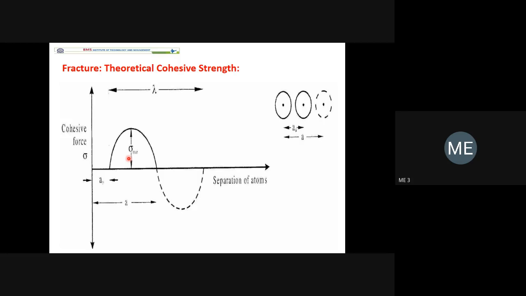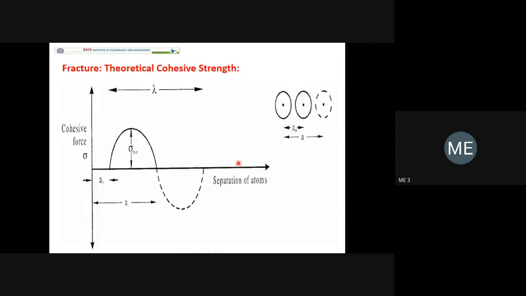Then after reaching certain atomic distances, the cohesive force decreases and comes to 0. That is nothing but almost the fracture point. That means you have to apply a huge amount of force to move the atoms from a distance A naught to A. That is the maximum cohesive force, or sigma max.